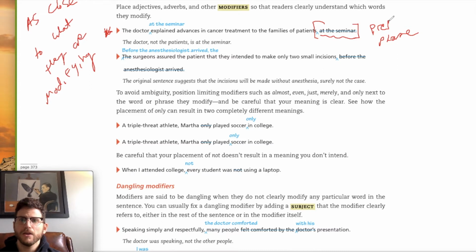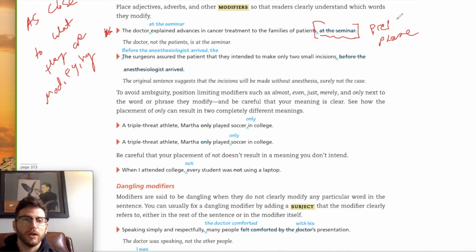Now, in this sentence, the doctor explained advances in cancer treatment to the families of patients at the seminar. Now, why has this sentence been corrected? Think about it for a second. Have a look at it.